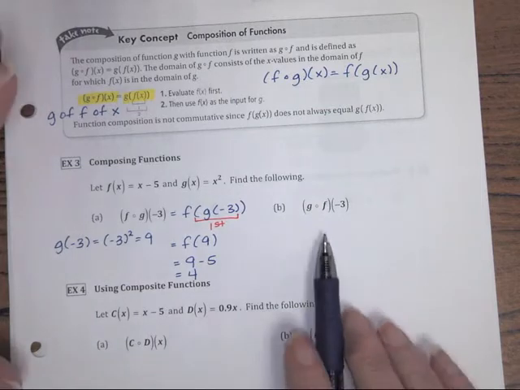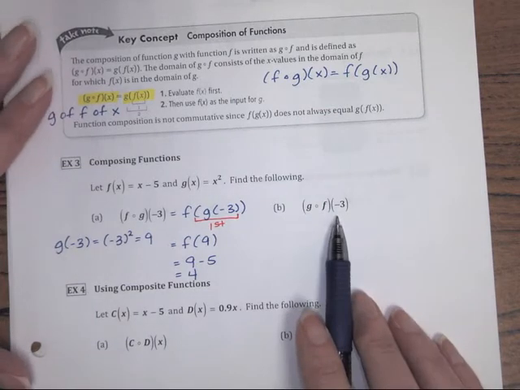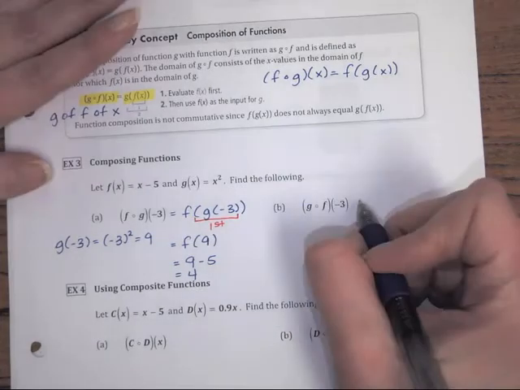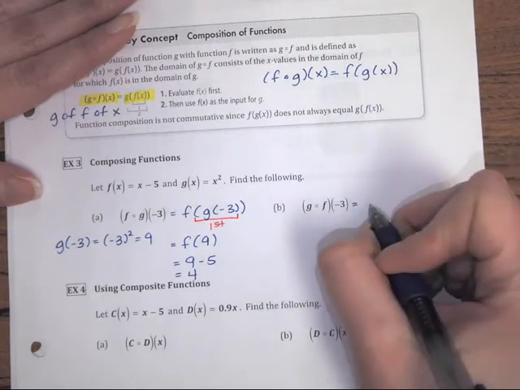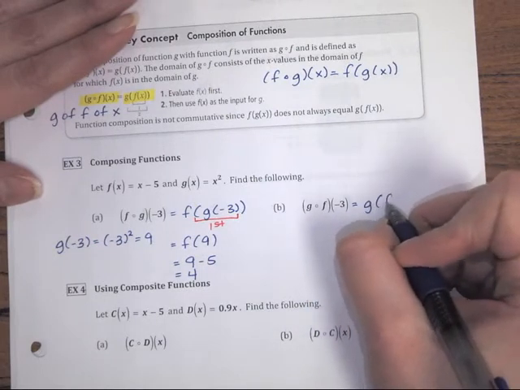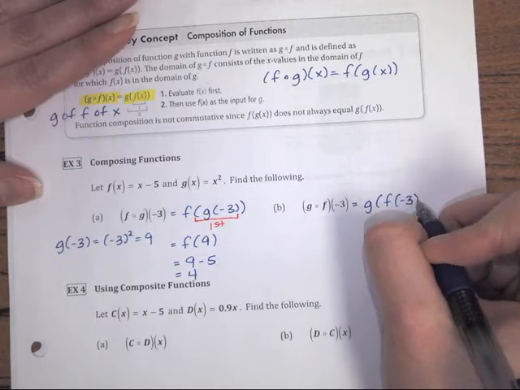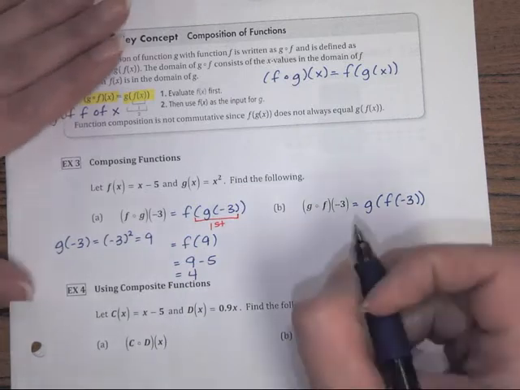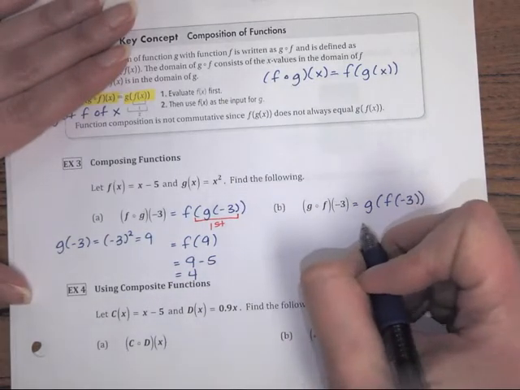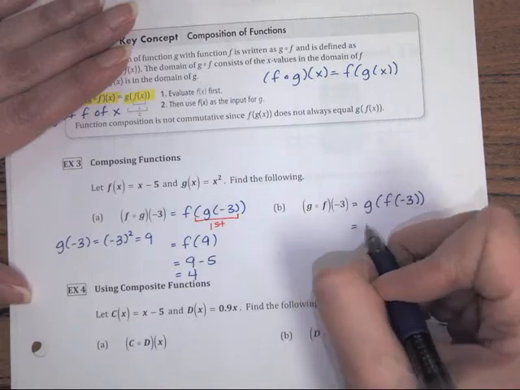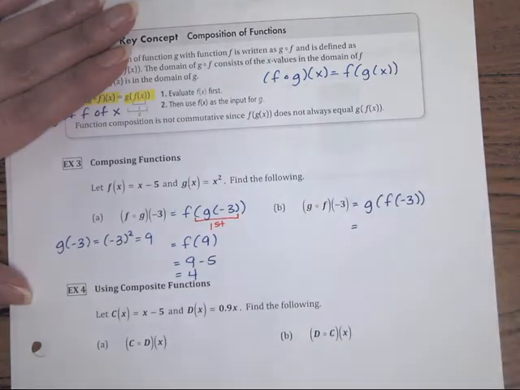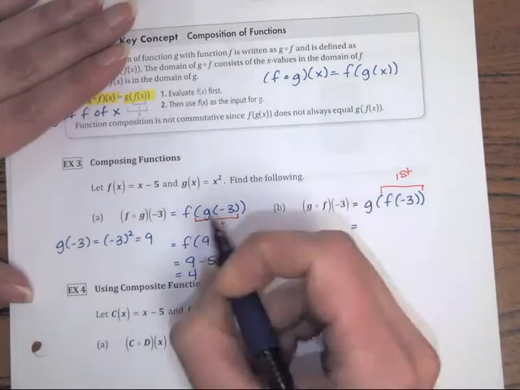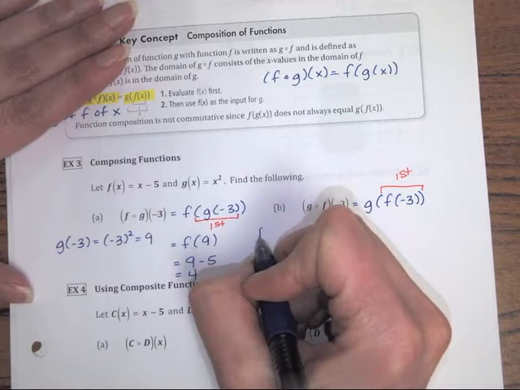Now we're going to use the same x, negative 3, but we're going to do it in reverse, because we have the g first. So this is g of f of negative 3, because the g came first. We need to find f of negative 3. Let's go over here on the side and find f of negative 3.